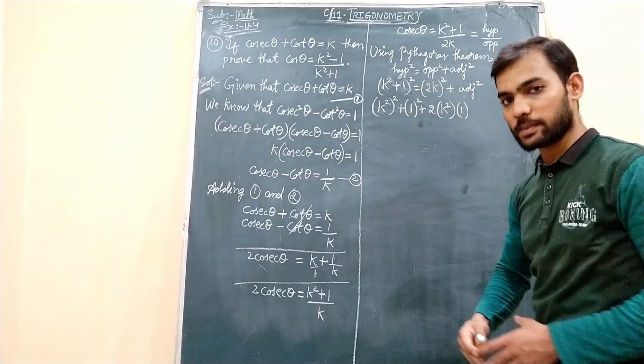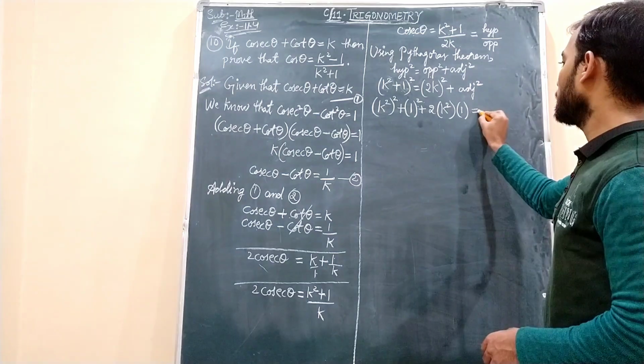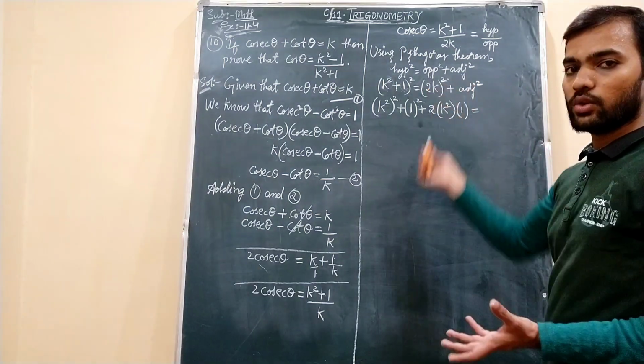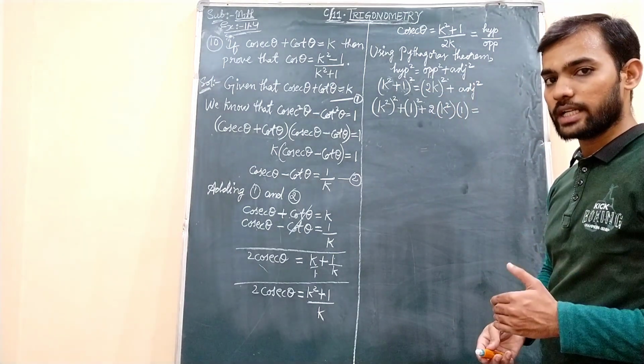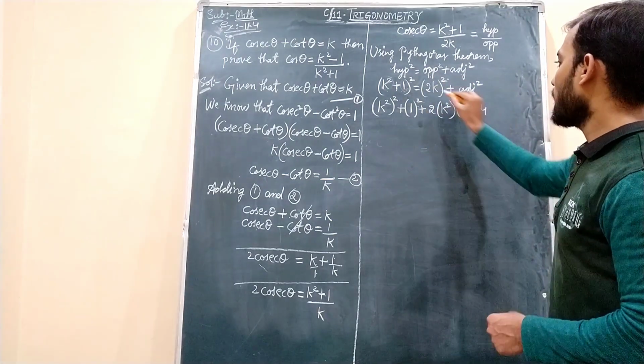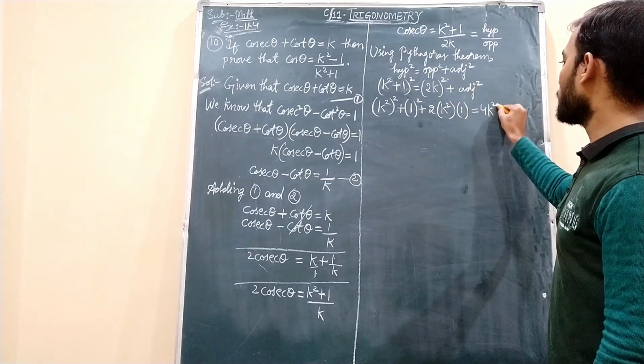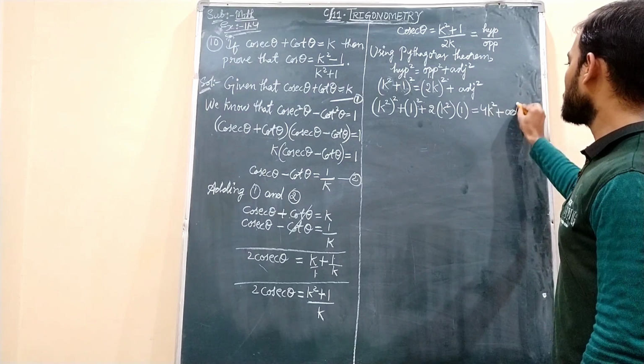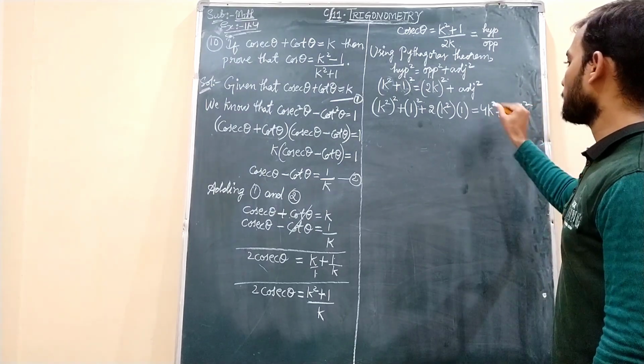We have expanded as per the identity. Now on the right side, 2k whole square. There is no plus or minus between them to apply the identity, so you can apply the square inside. 2 square becomes 4 and k whole square will be k square only. And the plus adjacent square remains as it is.